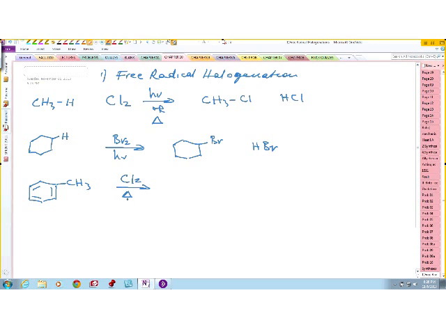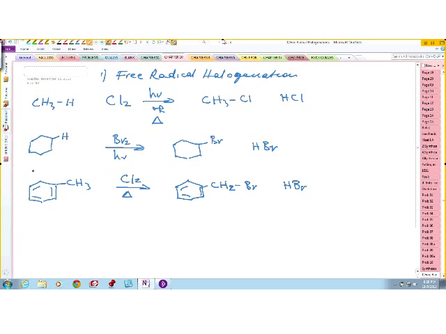This symbol here is the symbol for heat. So you get the idea. In other words, any hydrogen that is attached to an sp3 carbon, you could replace with chlorine or bromine in the presence of light or heat.